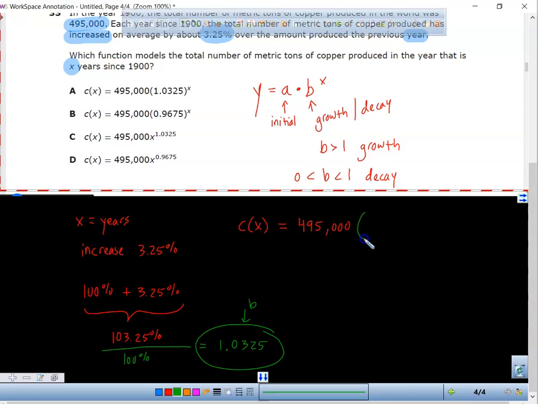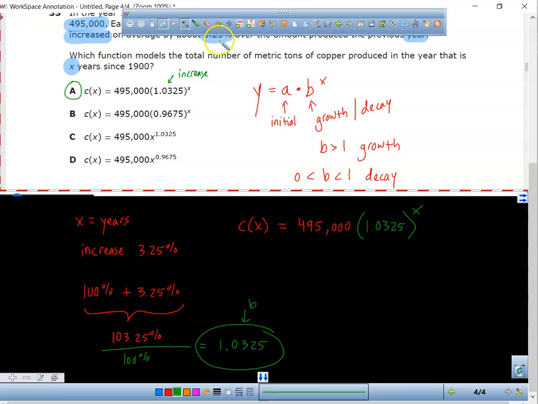So I'm going to put parentheses 1.0325, close parentheses, and we're raising that to the power of x. This is your function. That's why the answer was answer choice A. I want you to understand this, this was an increase in 3.25%.